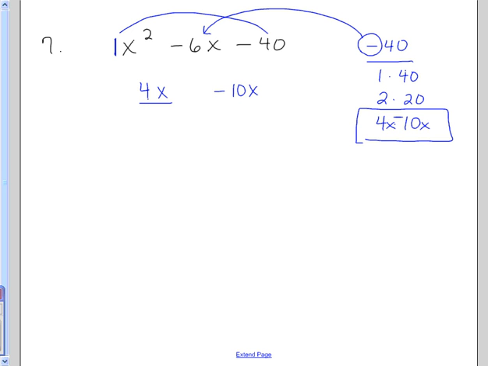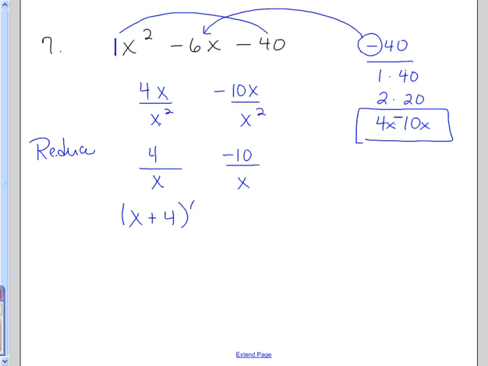Divide by 1x squared and reduce. When I reduce, I'm still going to have 4 in the numerator. X over x squared is x. Still going to have negative 10. X over x squared is x. So bottom to top, x plus 4 times x minus 10.